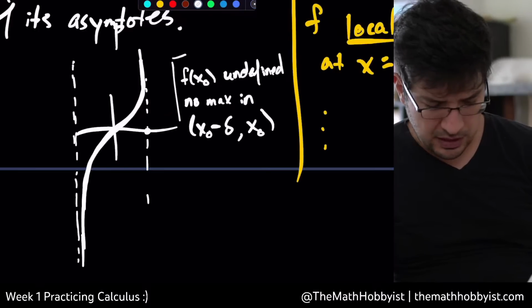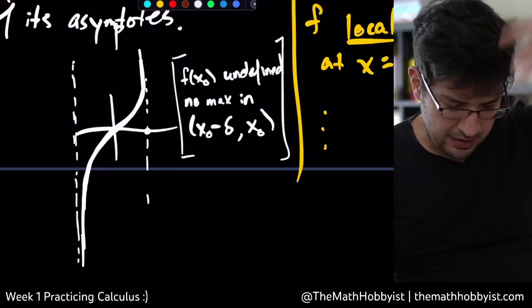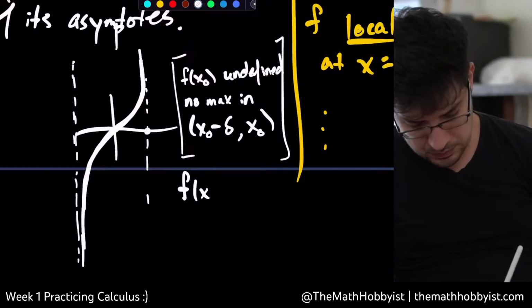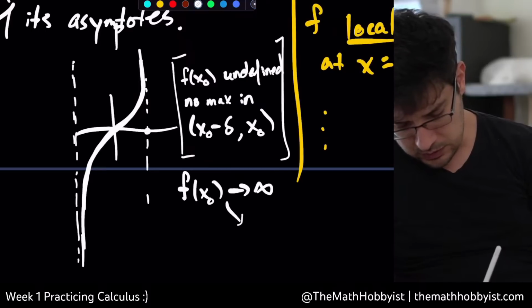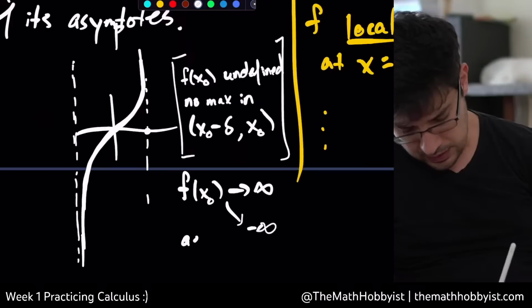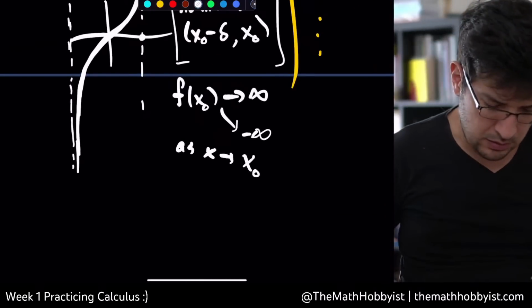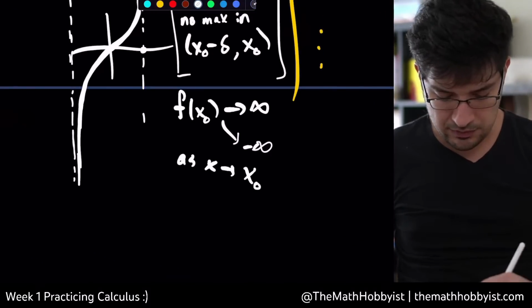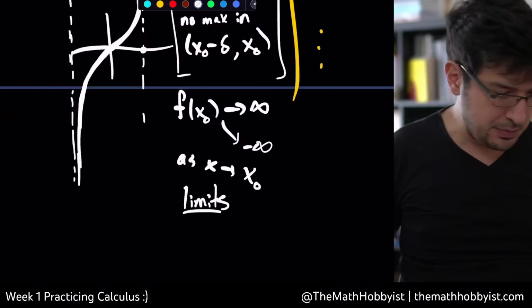I don't know if I can define an asymptote, but this is roughly what I'm capturing in this one. Like, there is no maxima, which also is another way of saying that f of x naught tends to infinity or to minus infinity as x tends to the point x naught. That's going to be a future section. I can just tell based on the organization of the book, this stuff I'm writing here are limits. And that's probably the next section.